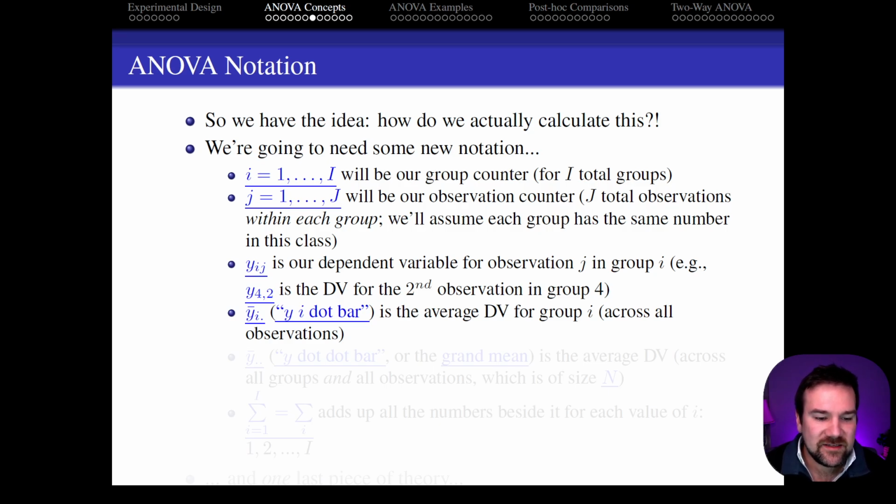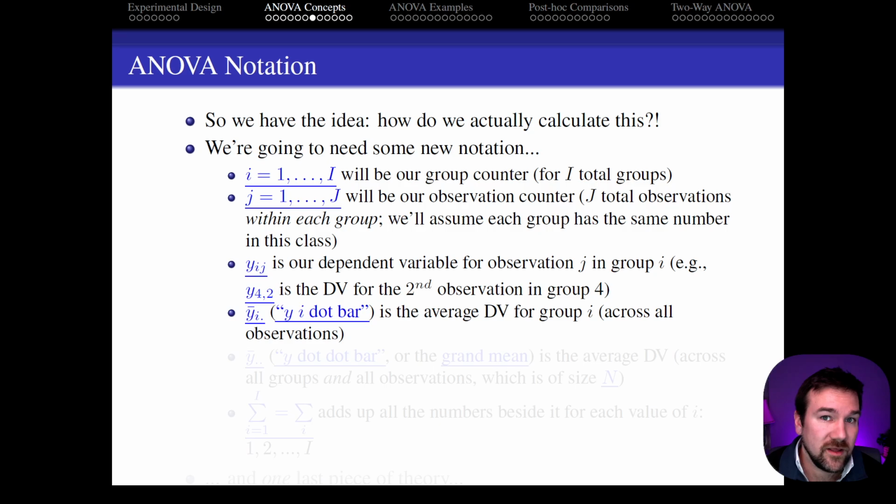Y sub i dot bar is a very fancy way of saying the average of the ith group. So you'll see Y sub 2 dot bar. That just means the average of all the outcome values in the 2nd group. So the bar, Y bar, means the average of Y. The i part indicates which group it's from, and we put a dot there because if I take the average of group 2, I'm not talking about any single individual of group 2.